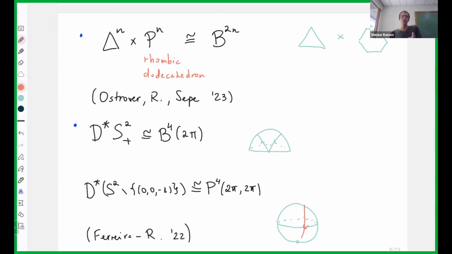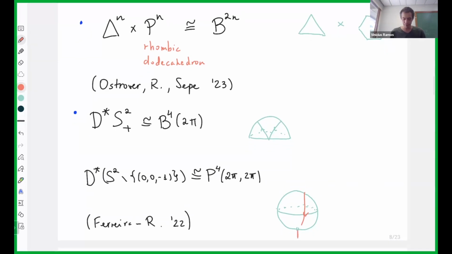Removing this fiber means that in some ways you put a needle here, and it's a needle that doesn't have any thickness. So if you hit the needle, then you bounce back. But if you don't hit the needle, then you just keep going with your geodesic. So that's the Hamiltonian flow that's represented here.